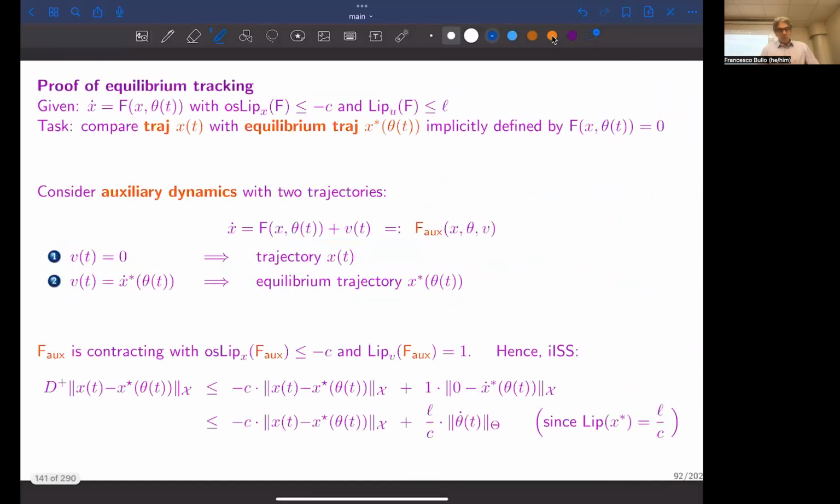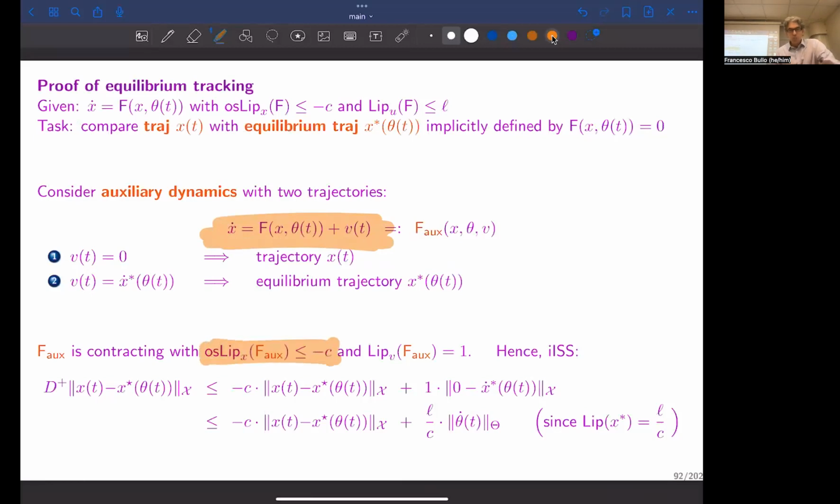And the proof ends right here, sorry if it's a little bit abrupt, because the contractivity rate of the auxiliary system, if you take the partial with respect to x, v plays no role. And so the contractivity rate of the auxiliary system is the same as the contractivity rate of the original system, so this is minus c.